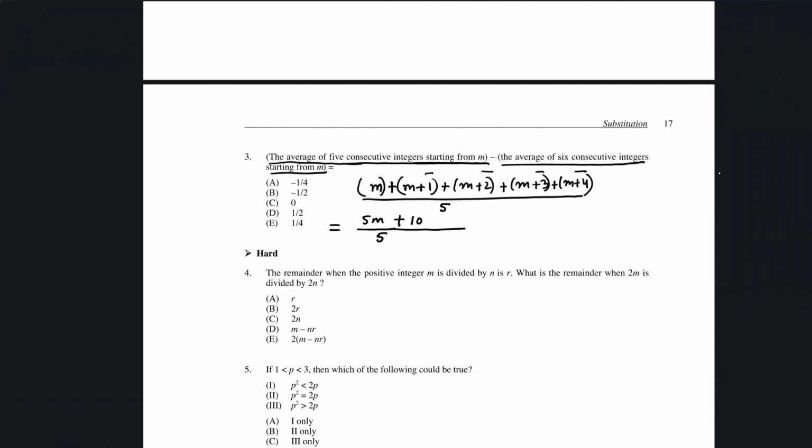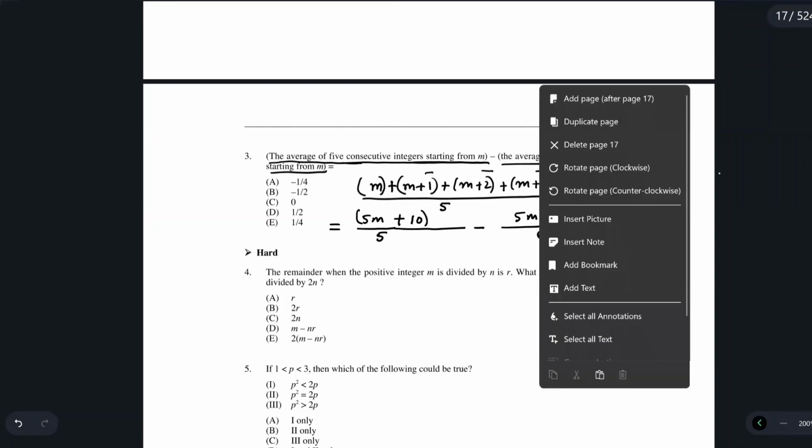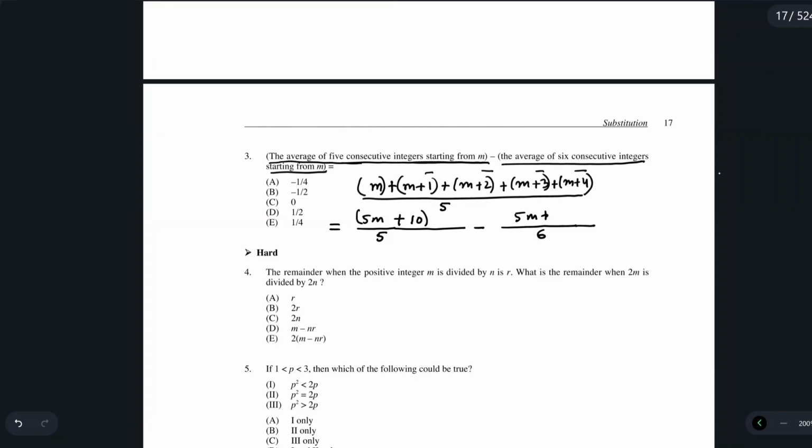Now the second term that we subtract from the first term should be something like this. Since it is the average of 6 consecutive integers, we should have 6 in the denominator, and it will have just one additional term compared to the first one. So we take the sum of the first 5 terms, 5m plus 10, and there should be another additional term.